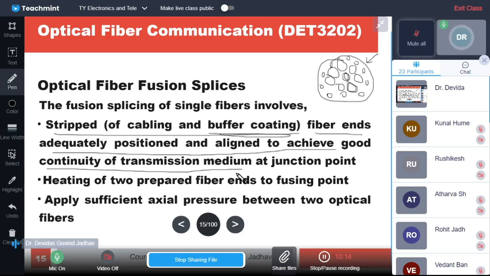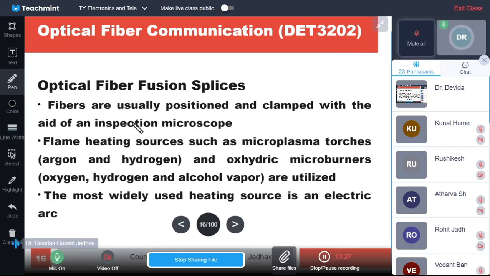The fiber ends are adequately positioned and aligned to achieve good continuity of the transmission medium at the junction point. The two prepared fiber ends are heated to the fusing point, then sufficient axial pressure is applied between the two optical fibers. Fibers are usually positioned with the help of clamps, and there is an inspection microscope, because the fibers are of very small dimension, in micrometers, so a magnifying device is required.